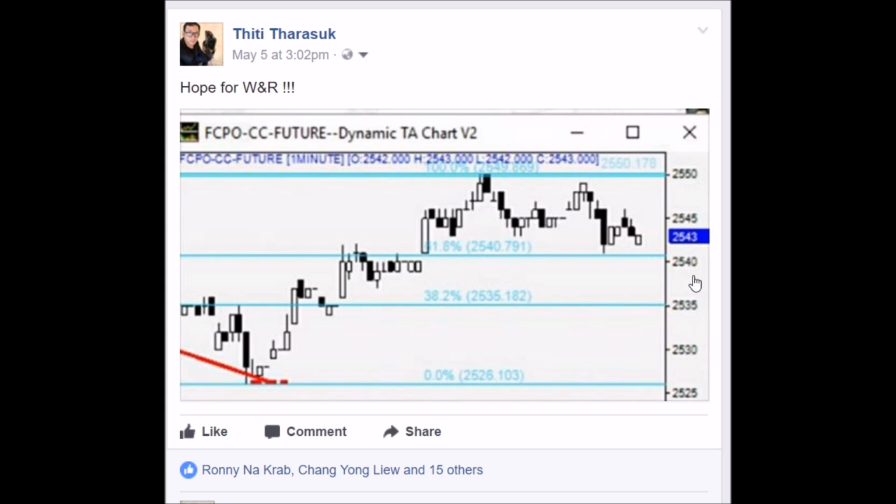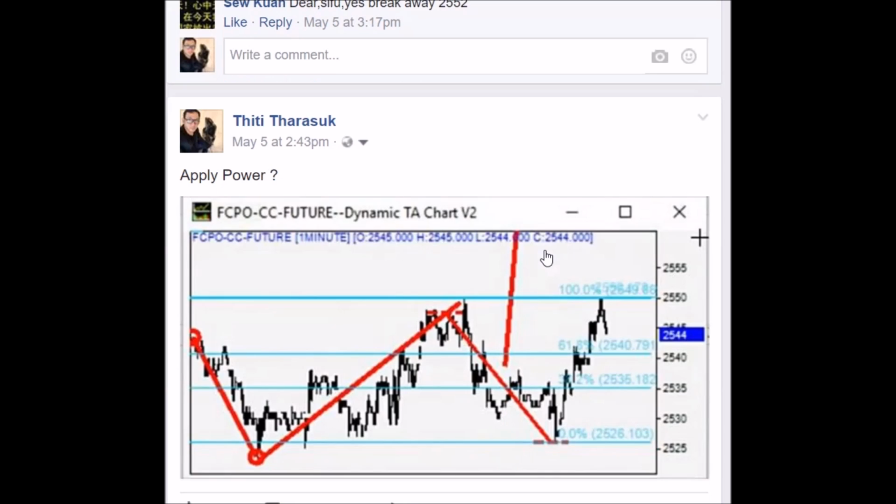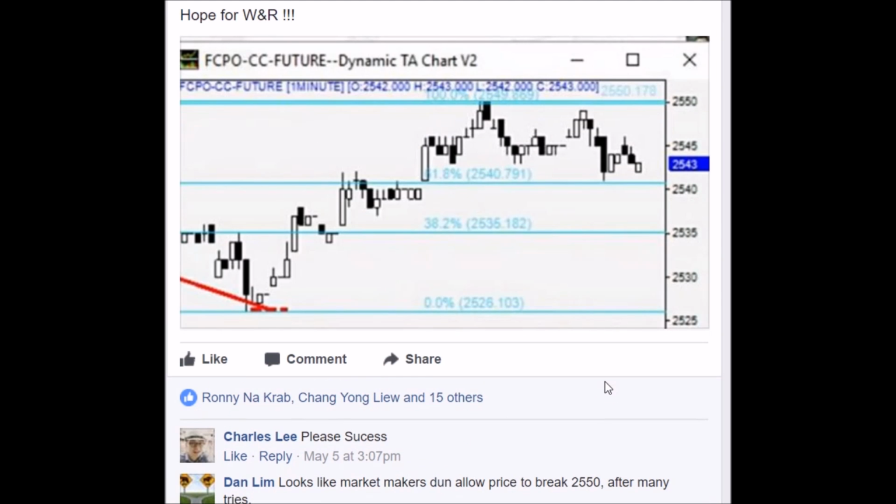I ask my student, because this price is a benchmark. Why benchmark? Because after we measure here, 0, 100, there are two probabilities. First probability, retrace at 61.8, and second probability, retrace at 38.2. In this case, they touch 61.8 and rebound.